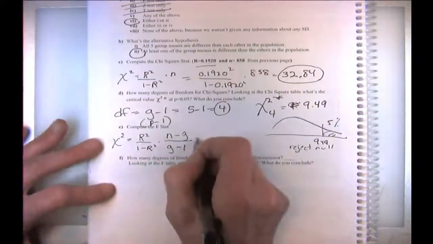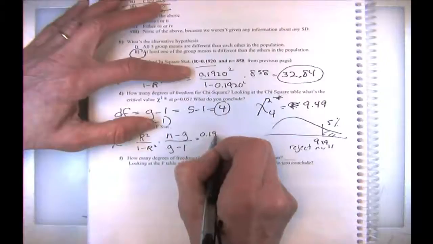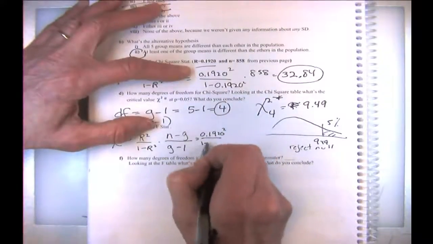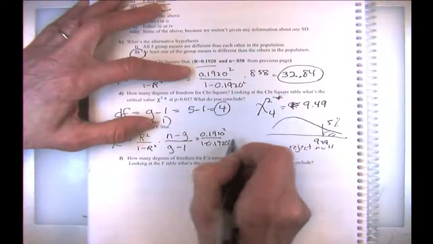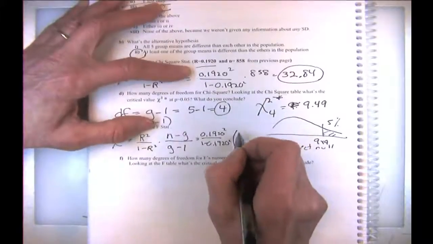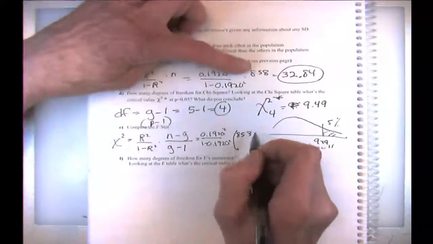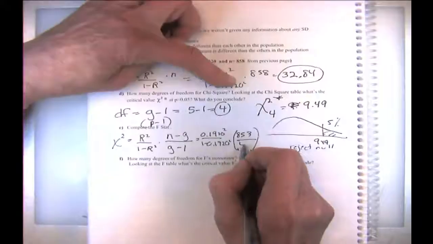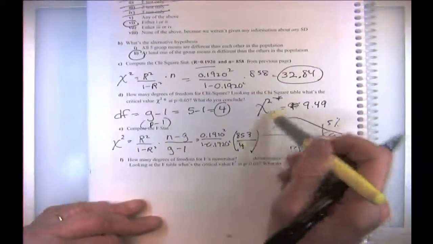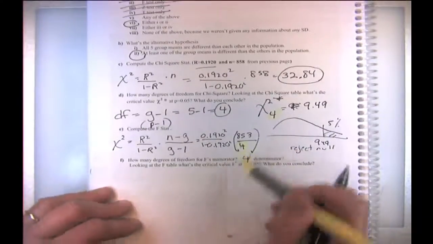Now we get 0.1920 squared over 1 minus 0.1920 squared, times 853, a little bit smaller, but the big difference here is 4. This 4 is the degrees of freedom in the numerator, and here's our degrees of freedom in the denominator.